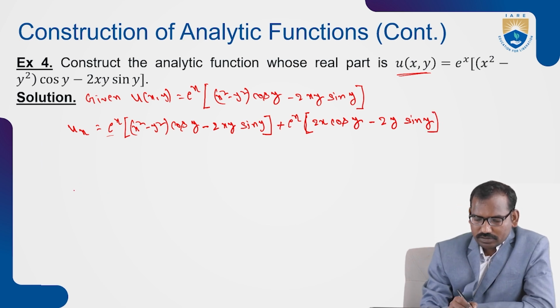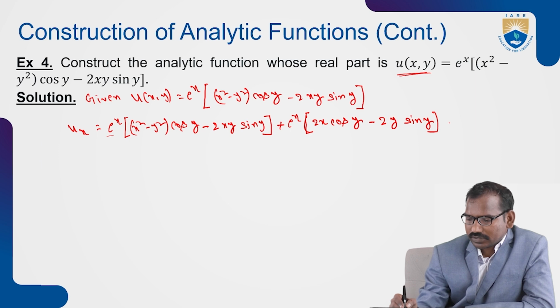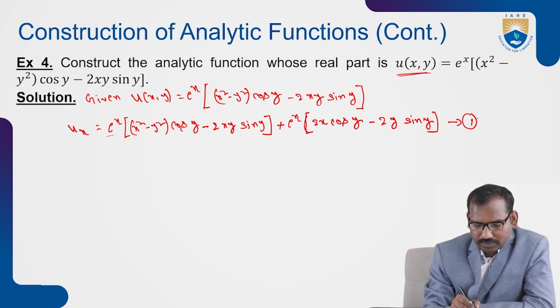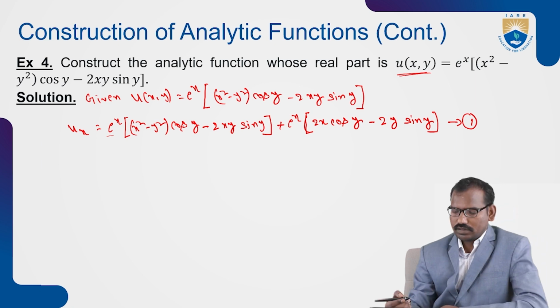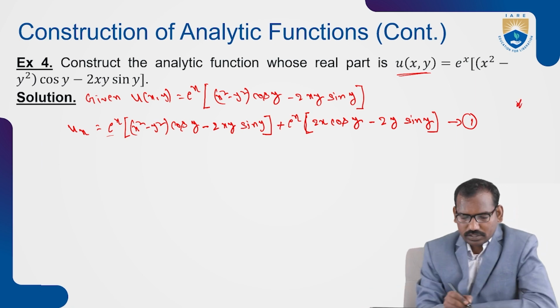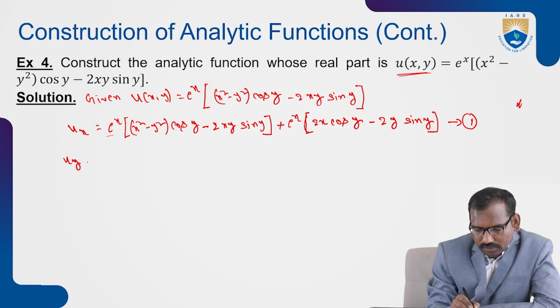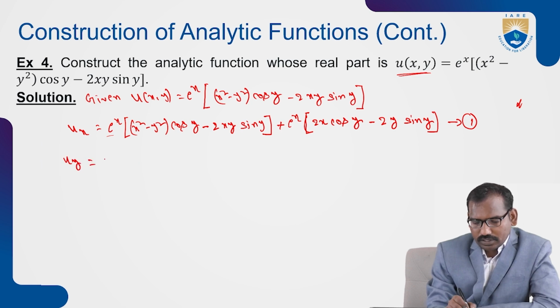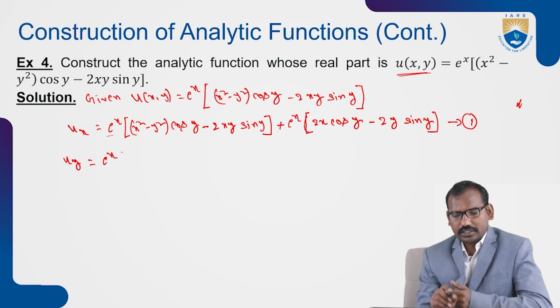Okay, so here I need to find this term when x is replaced by, okay, this is 1. I will take it as 1. Next, u sub y. Here the exponential function is taken aside.